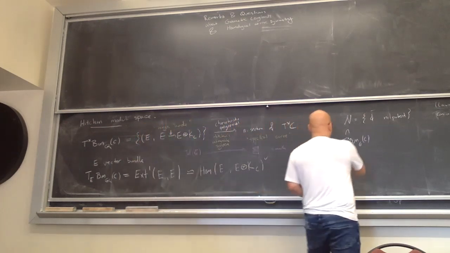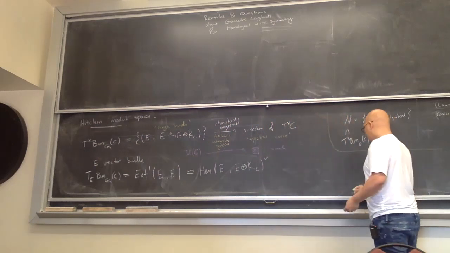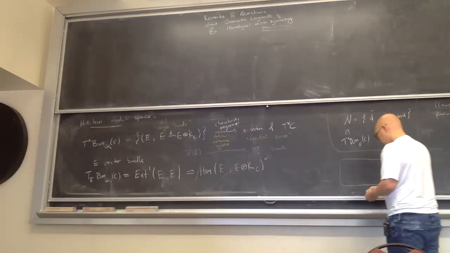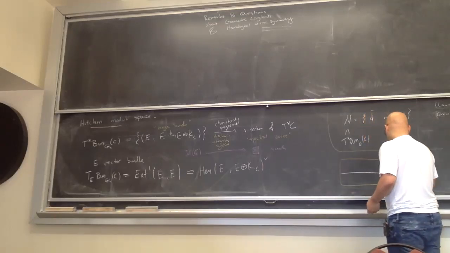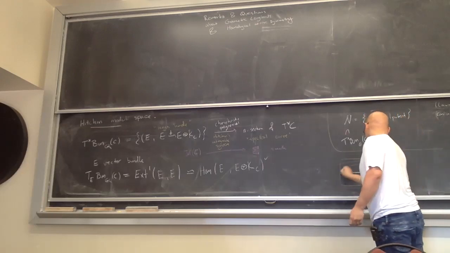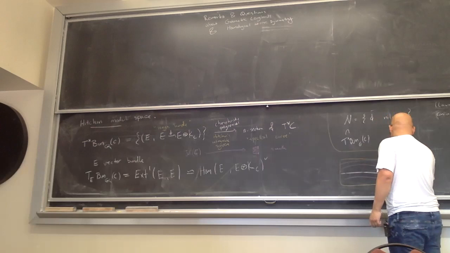So you have some kind of picture where you have your original curve C, and you have some kind of multisection of C called sigma.